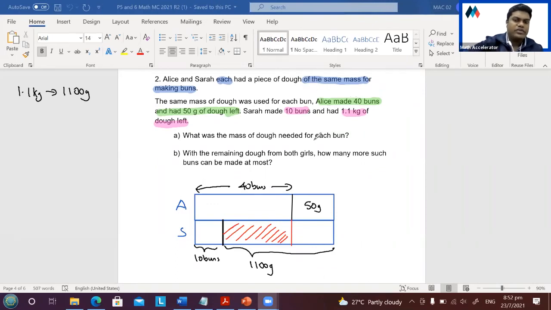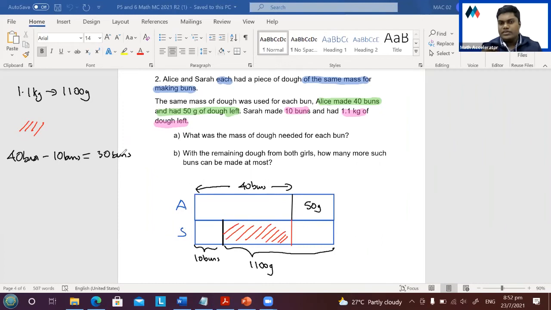Yeah, very good. So in terms of buns, that red shaded portion is 40 minus, use a different color, 40 buns minus the 10 buns. So that will leave you 30 buns for the shaded portion.